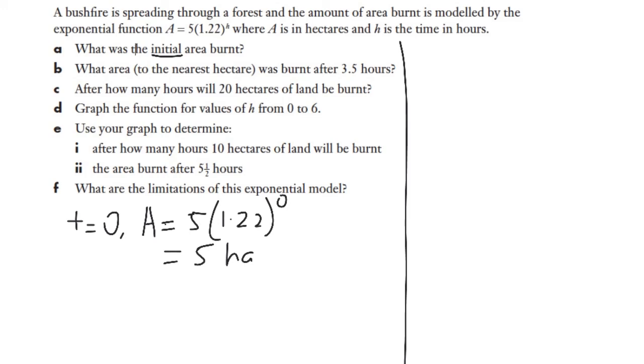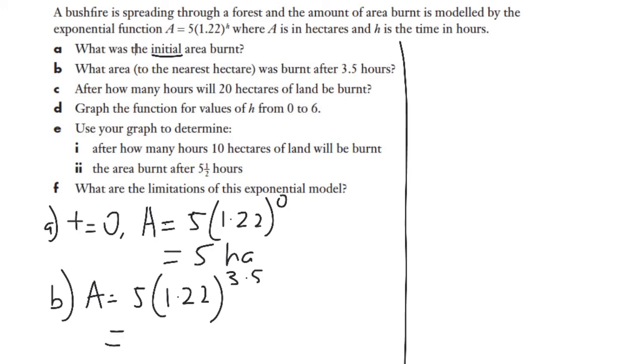Moving on to part B there. What area to the nearest hectare was burnt after 3.5 hours? We're substituting in A equals 5 times 1.22 to the power of 3.5, which is 10.028 or 10.03 hectares, correct to 2 decimal places there.